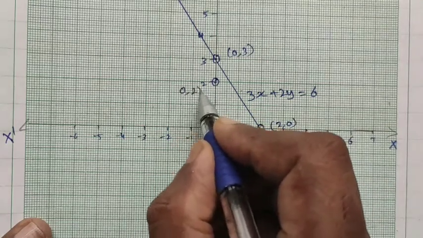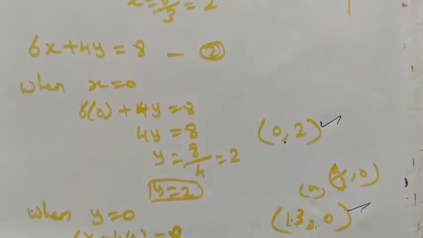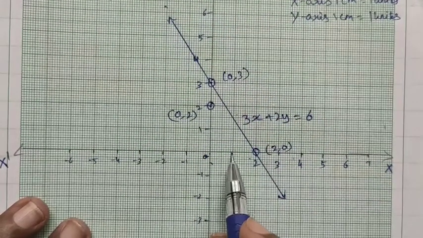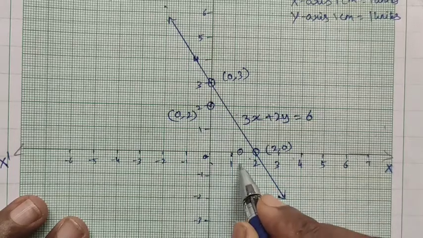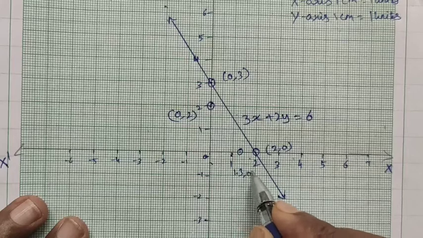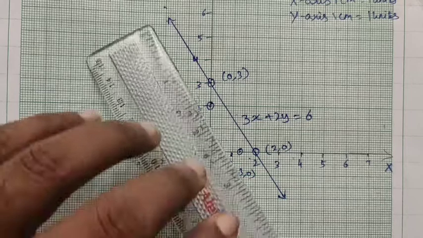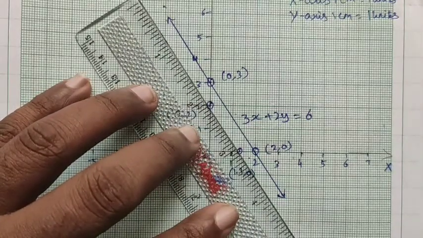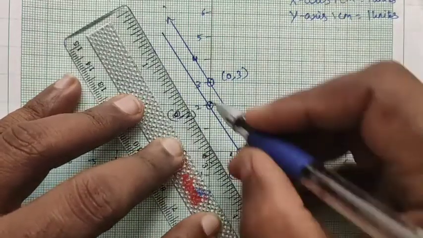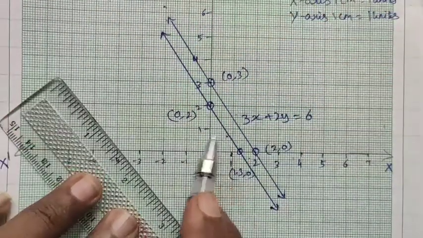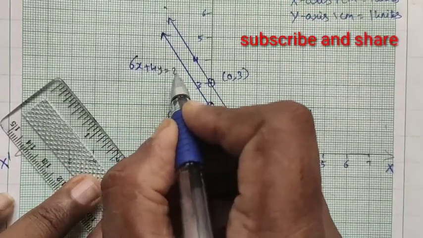Then 1.3 comma 0 is approximately here. Now we join these two points to construct a straight line, extended as much as needed. This is the line of the equation 6x plus 4y is equal to 8.